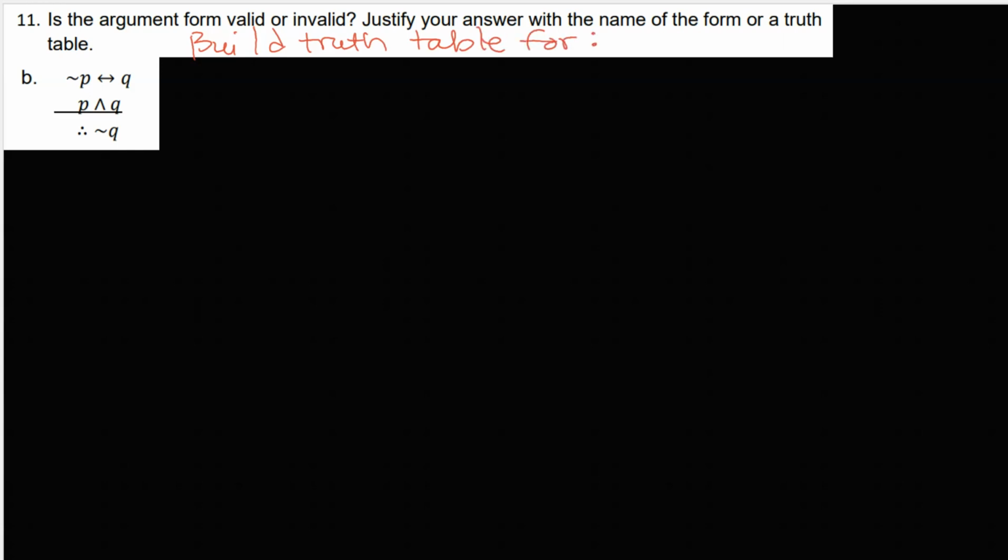We are building the truth table for the statement that said premises lead to the conclusion, and the conclusion here is not Q. Premise 1 is not P if and only if Q, and premise 2 being P and Q. Okay, so that truth table, if it comes out to be a tautology, then we would say that, hey, the premises always lead to that conclusion, therefore the argument is valid, because that's what the definition is of being valid.